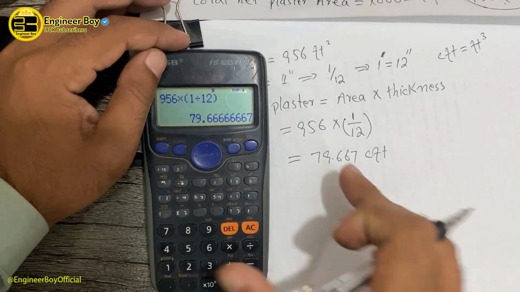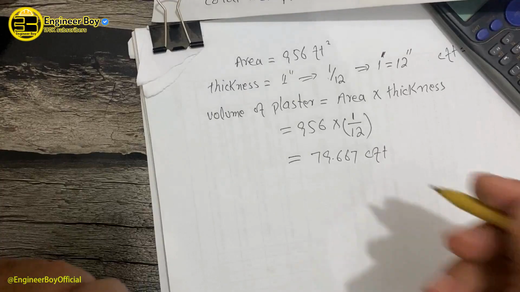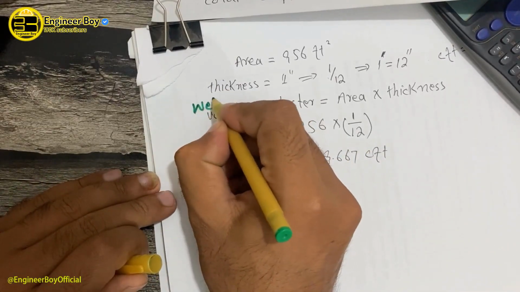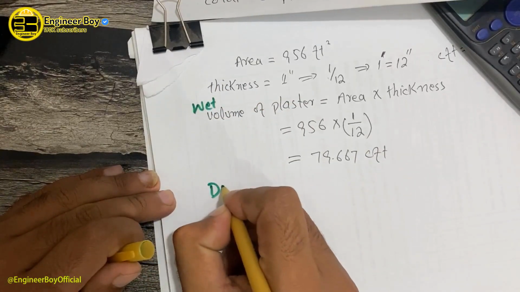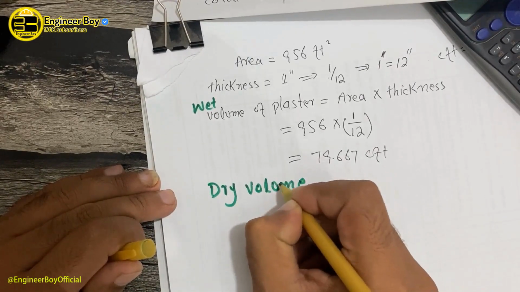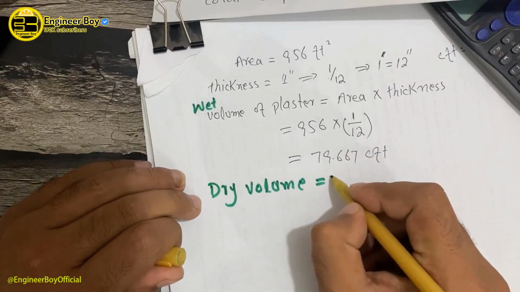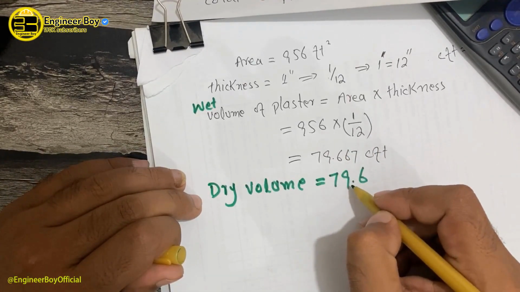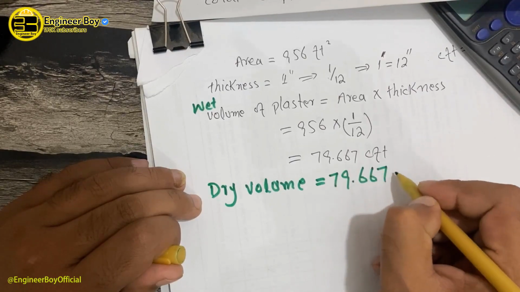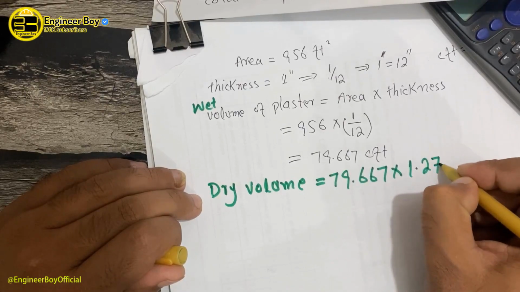Now once we have the volume, remember this volume means just the wet volume. We have to determine the dry volume of plaster. How? We do it by multiplying the wet volume, which is 79.667, with a factor which is 1.27.